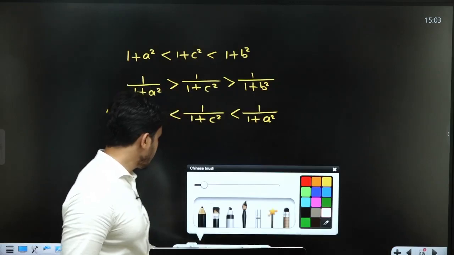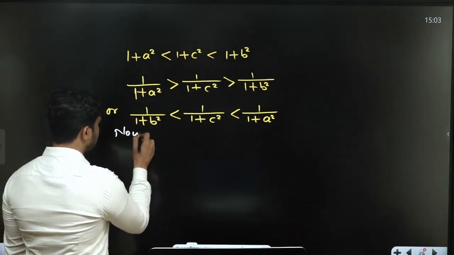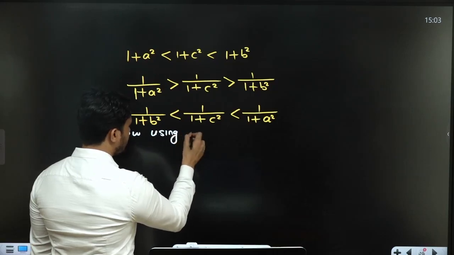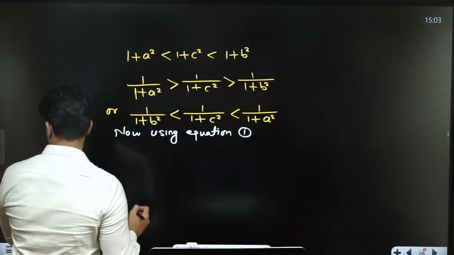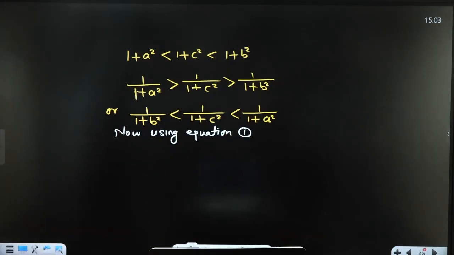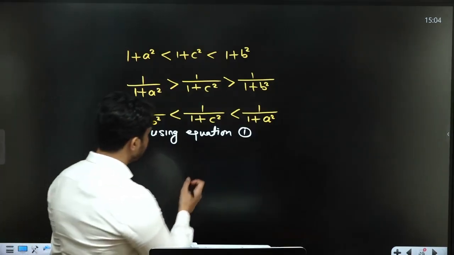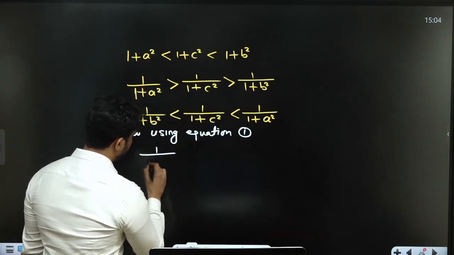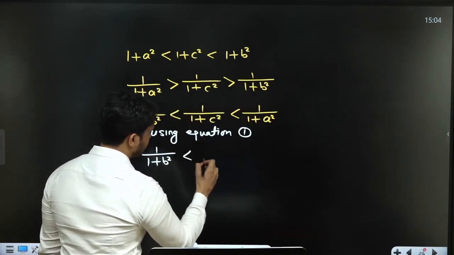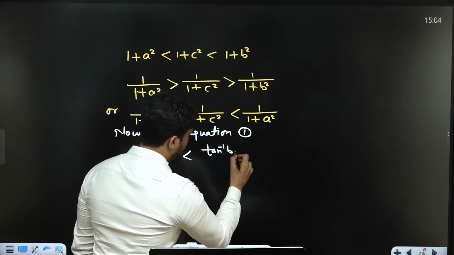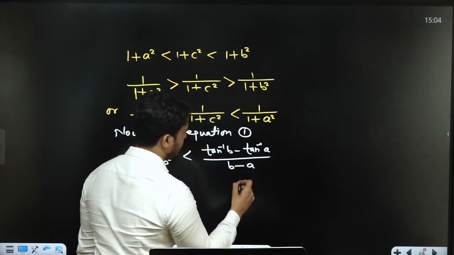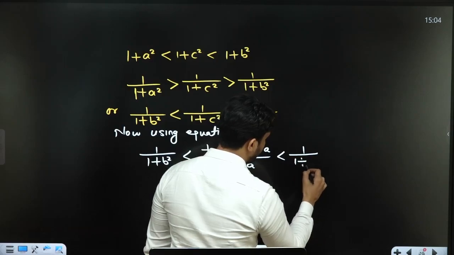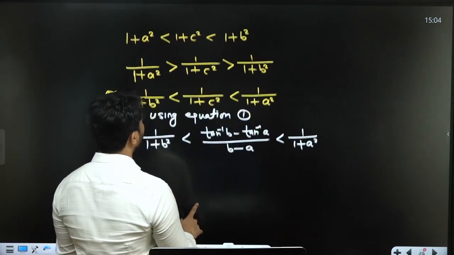Now using equation 1, 1 upon 1 plus b square less than (tan inverse b minus tan inverse a) upon (b minus a) less than 1 upon 1 plus a square.